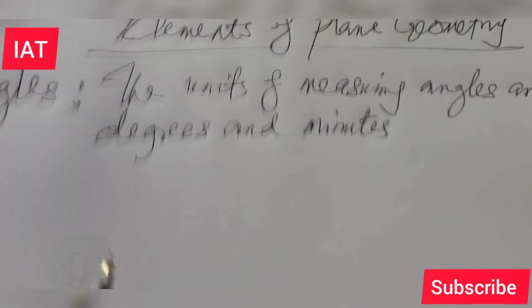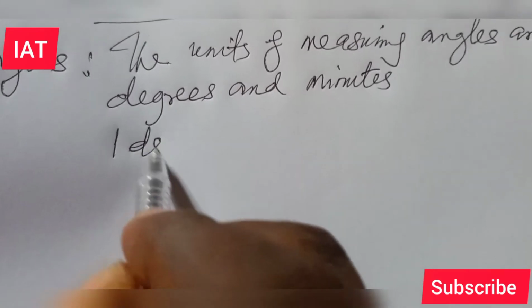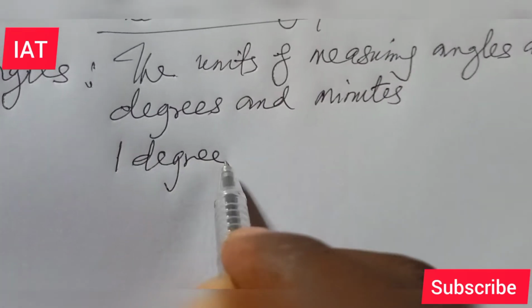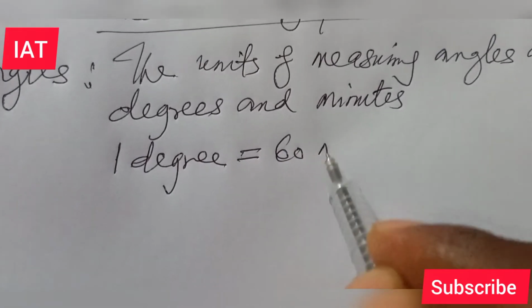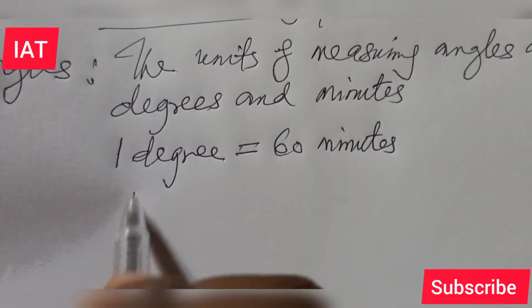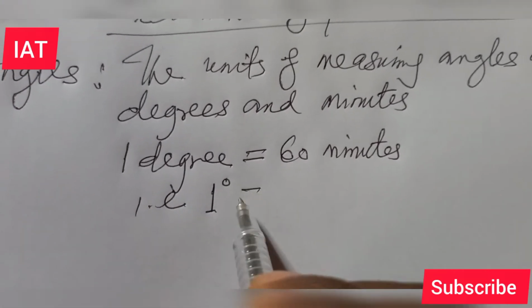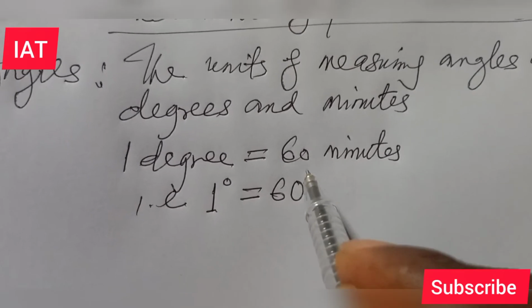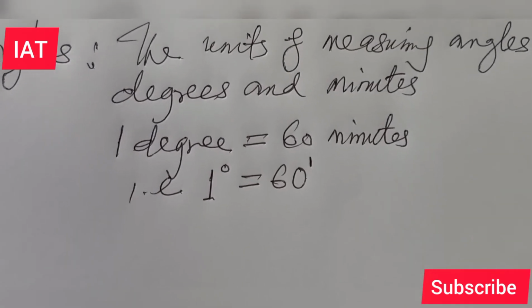It is expedient you understand that 1 degree is equal to 60 minutes. Or you can easily write it this way, that 1 degree equals 60 minutes. I think it's simple this way.